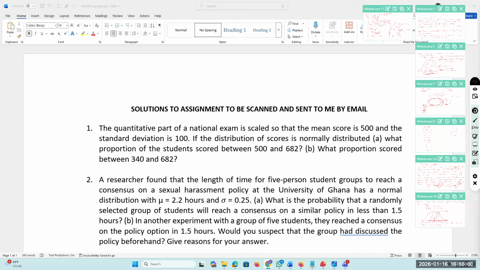The one who just sent me, I've seen it is correct, and I've given you a comment on something. The only thing you're supposed to add is the two values that you had from the table. You add them, and that is it.